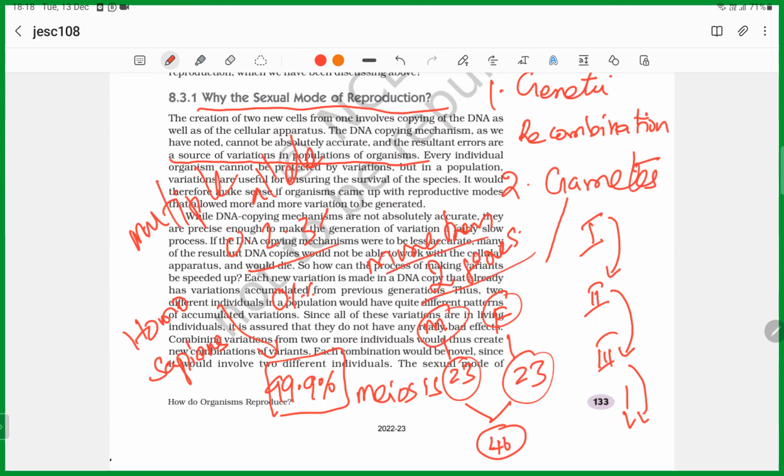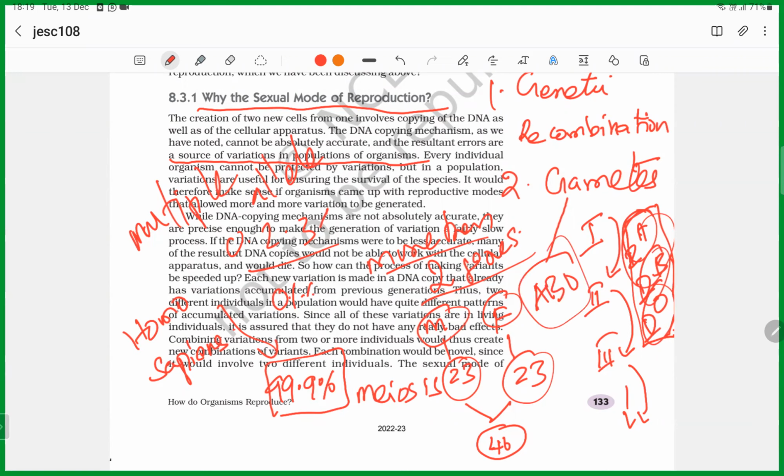For example, blood grouping. How many genes do we have for blood grouping? IA, IB, IO. 3 genes are there. Based upon the combination, we get different blood groups: A or B or AB or O. But all come under the ABO blood grouping system. All human beings come under the ABO blood grouping system.